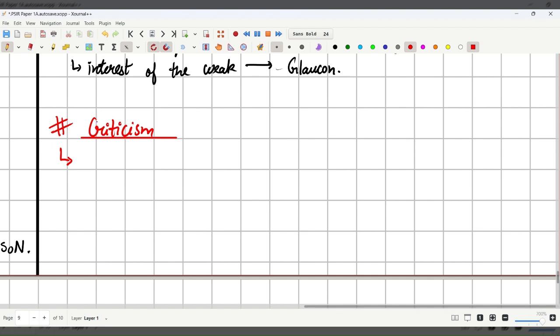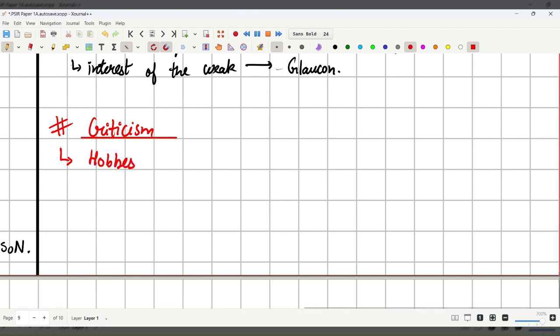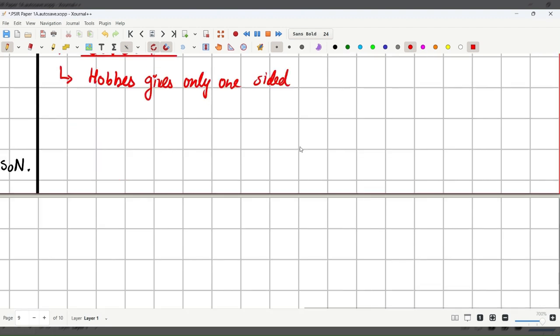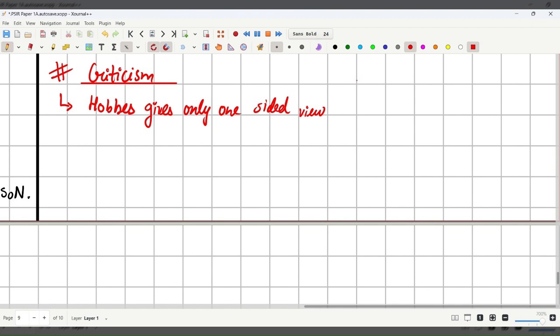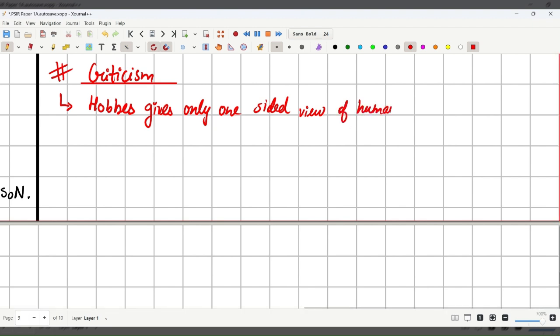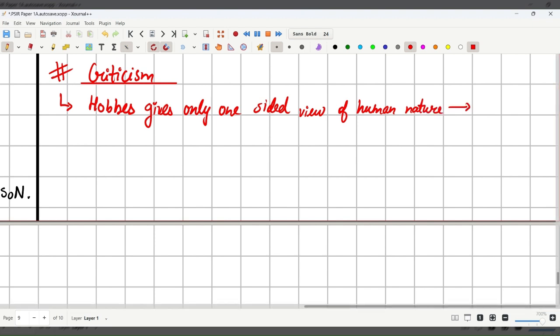So the criticism was that Hobbes gives only a one-sided view of human nature. Okay, so basically, why they think that he gives only a one-sided view of human nature is that the human nature he describes is too much influenced by the situations prevailing in England during his time.